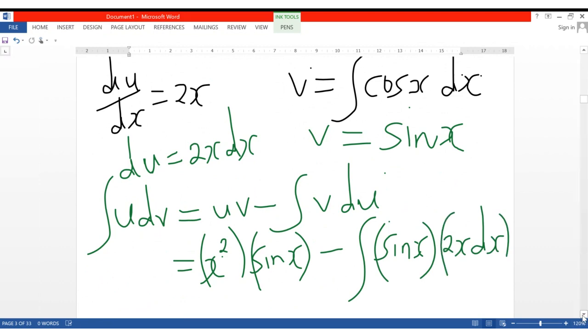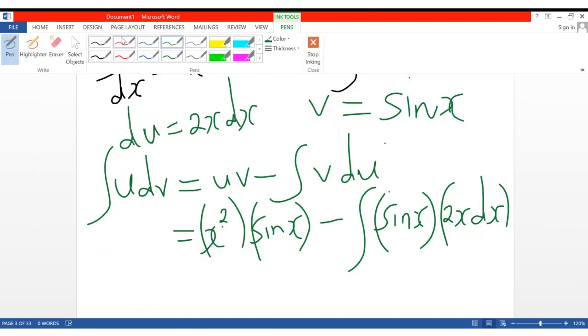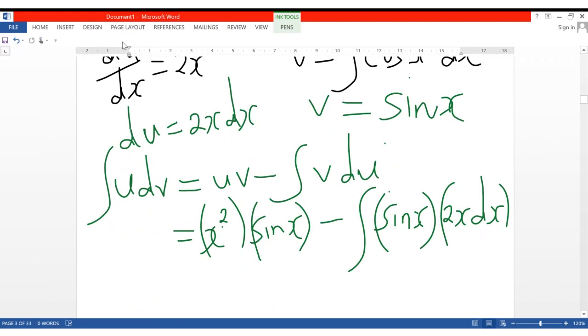From there, I can simplify. So the first part here, the one that I'm circling in red, has already been integrated. How do I know that it has already been integrated? Is it magic or what? There's no integration sign, so it has already been integrated.